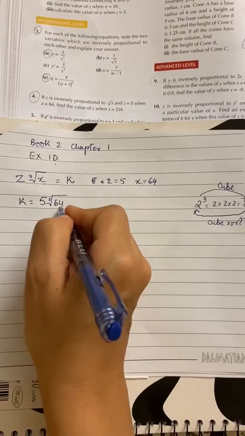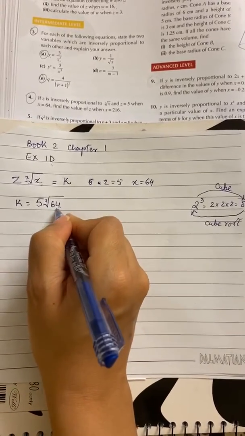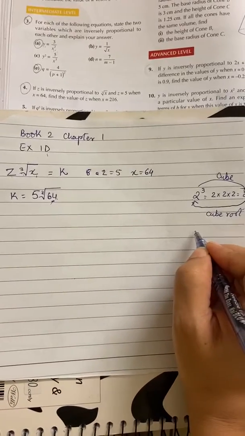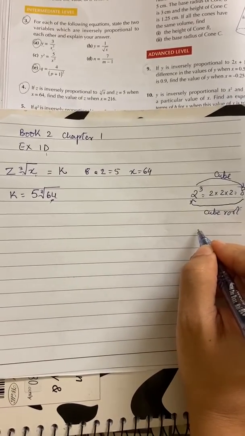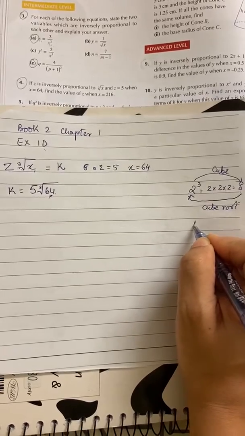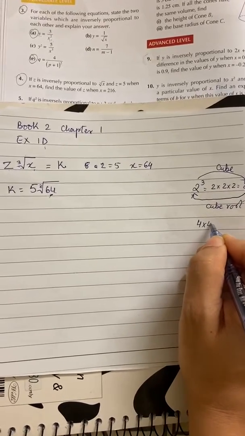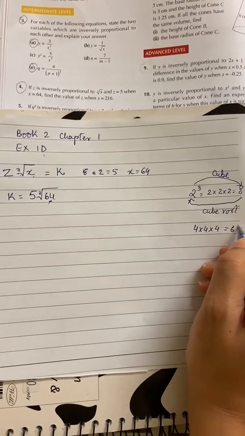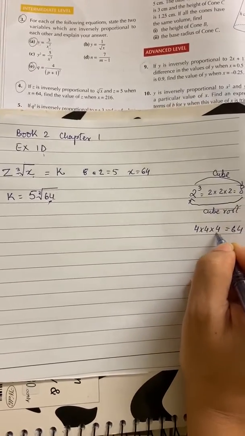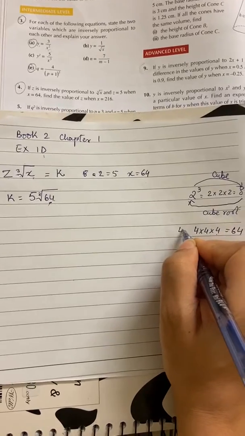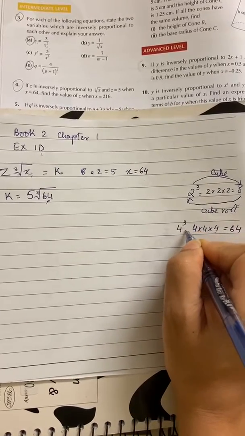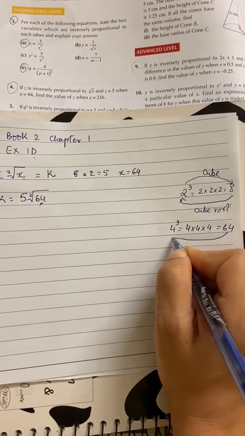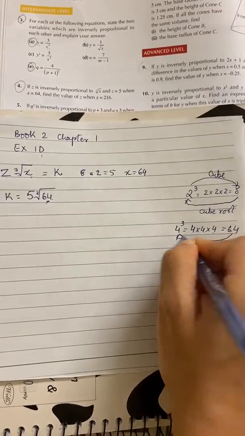To achieve 64, there was a number that was multiplied 3 times, and what was that number? Yes, it was 4. So 4 was multiplied 3 times to get 64. 4 times 4 is 16, 16 times 4 is 64. So we took the cube of 4 to get 64, then the cube root of 64 will be 4 only.